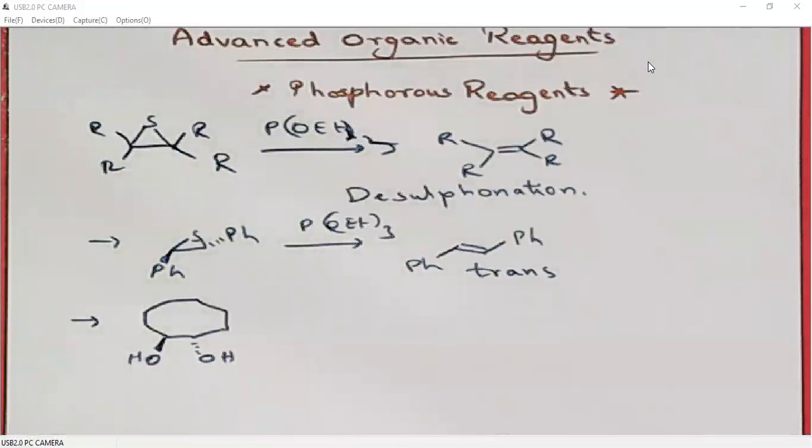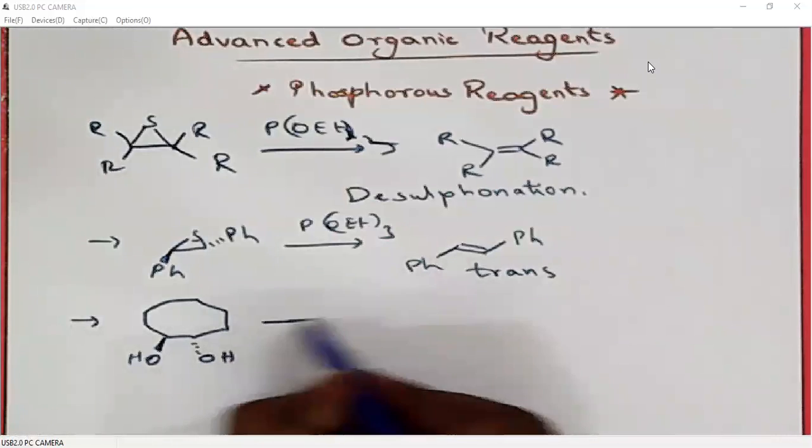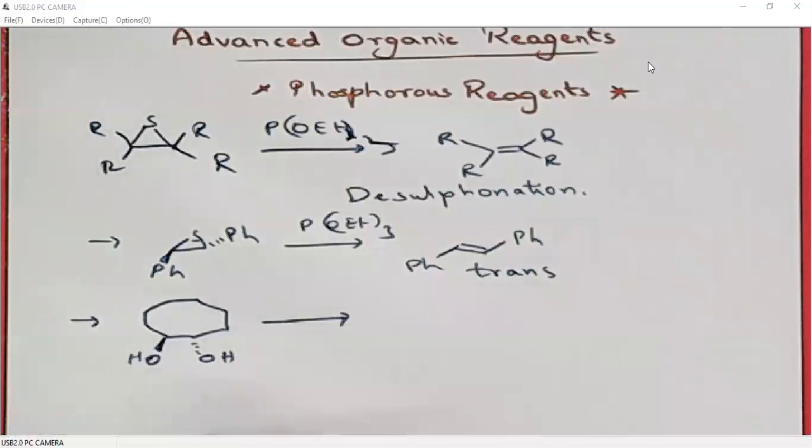A small variation in this is dehydroxylation of diols, 1,2-diols. How can we eliminate these two hydroxyls and generate a double bond here?